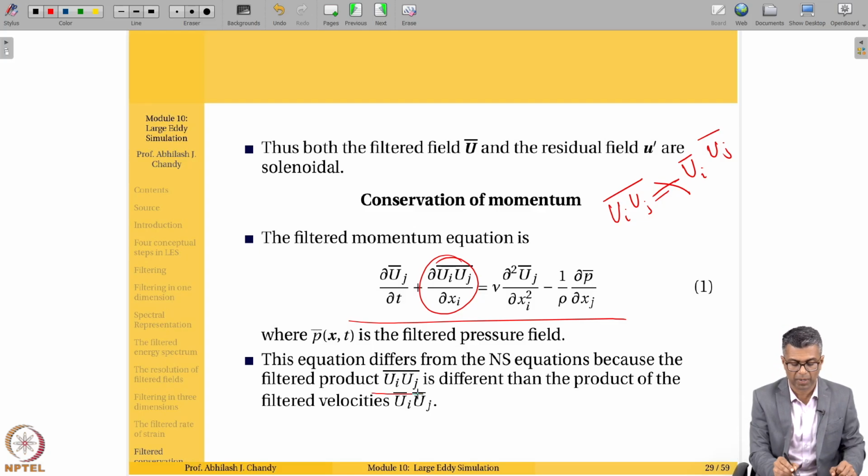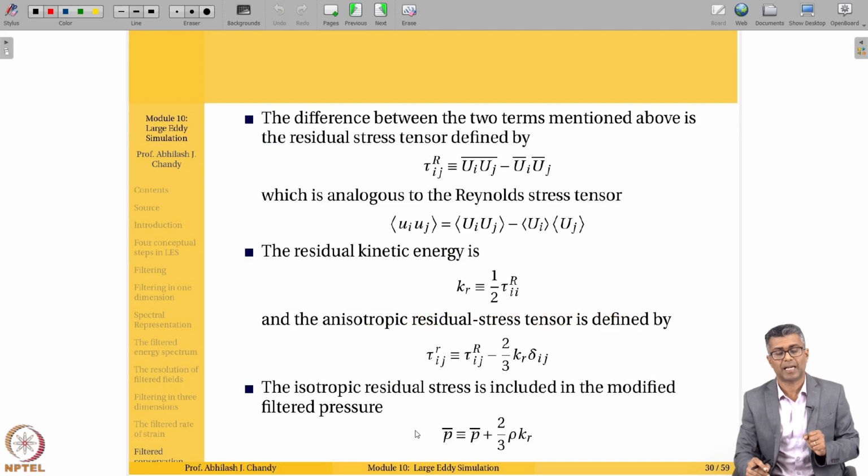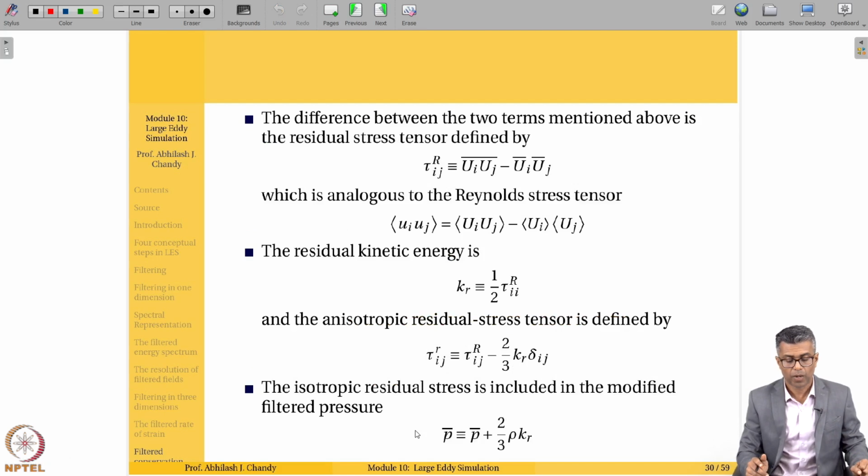So that's what we mean by the filtered product is not the same as the product of the filtered velocities, isn't it? So now what does that mean? Let's say you define what is called a residual stress tensor, and I'm calling it tau ij with a superscript capital R. Tau ij superscript R would be equal to the difference between the filtered product and the product of the filtered velocity. So ui uj bar minus ui bar and uj bar. Let's call that the residual stress tensor.